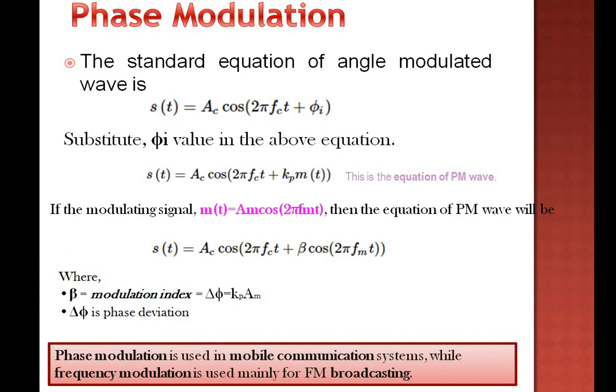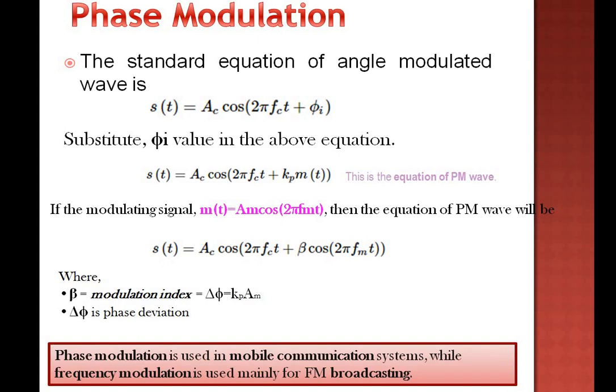Now to this one, use the standard equation of your angle modulated wave. What is the angle modulated wave? S of t is equals to Ac cos 2 pi fct plus phi i of t. In angle modulation we are having a phase change, so to get that phase change we are adding that particular phase.